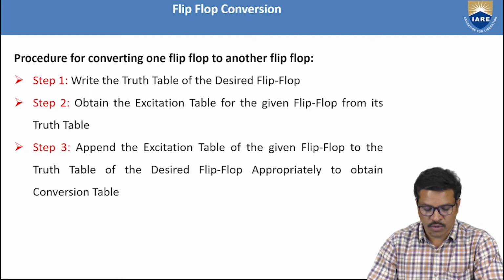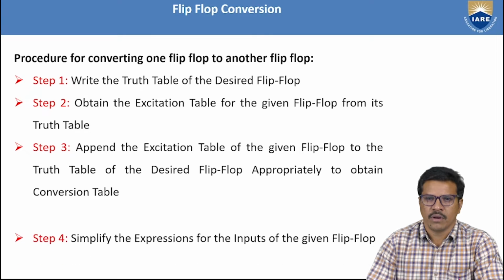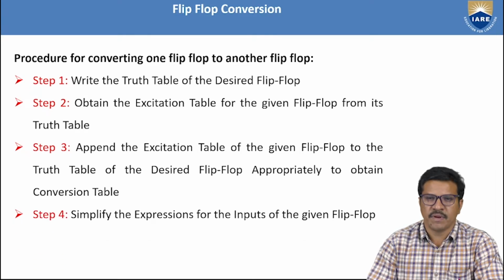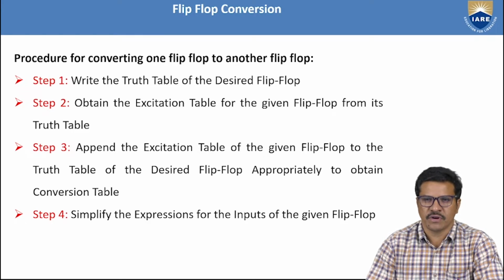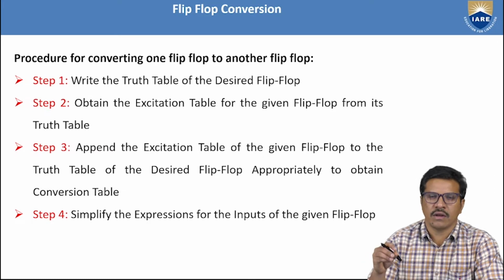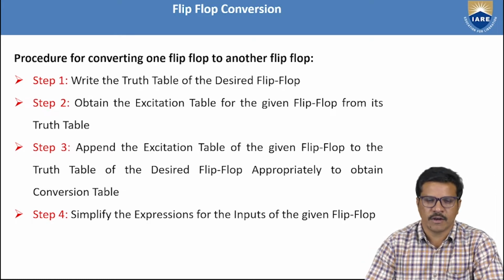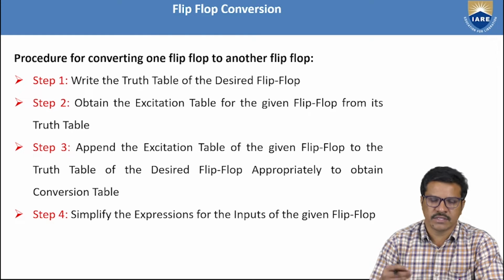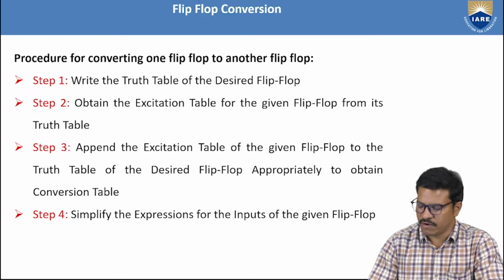Once we know the conversion table, in the fourth step, simplify the expression for the inputs of the given flip-flop, so that we know what extra logic circuits or connections are required to get the desired flip-flop.